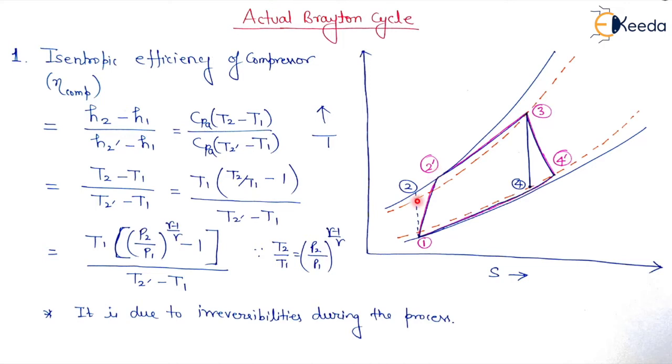So 1 to 2 is a process where entropy was constant, but 1 to 2 dash is a process where entropy is changing. You see, S is changing. So as S is changing, the temperature at point 2 dash is more than the temperature at point 2.